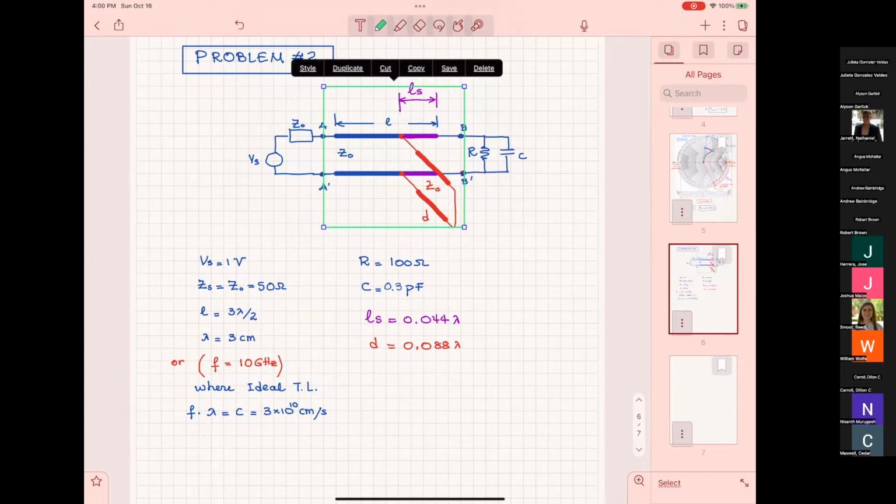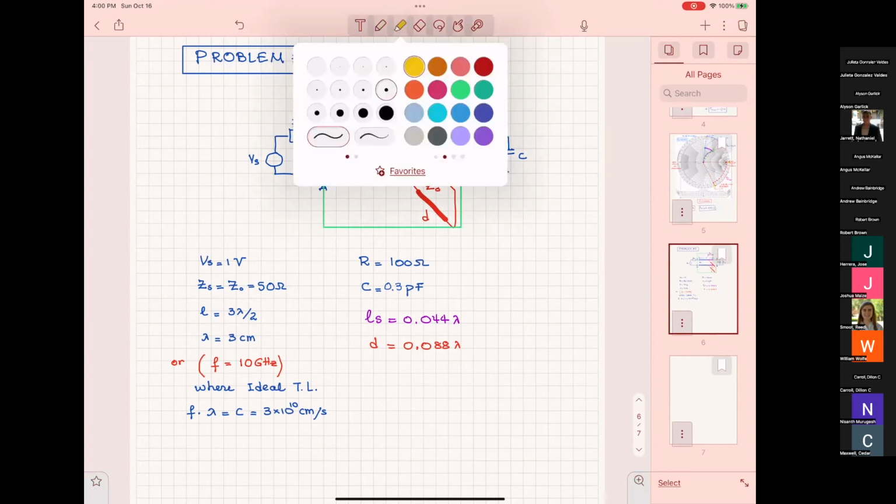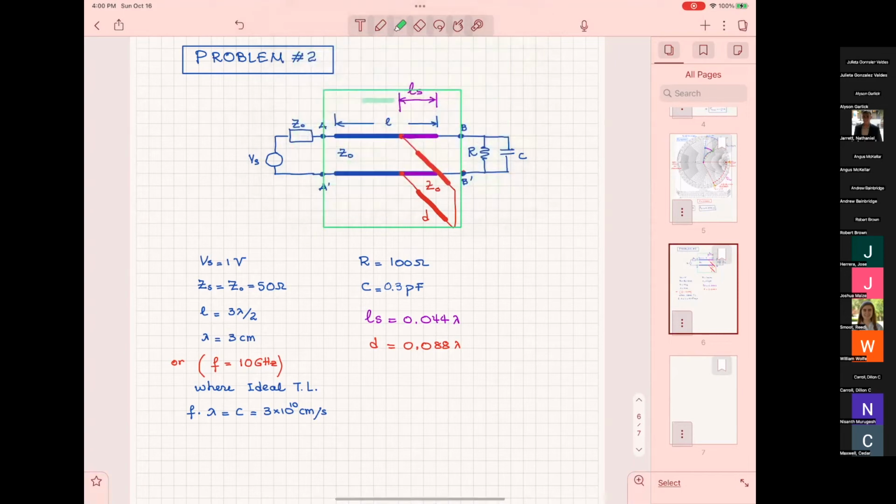Okay. And I call that a 2-port network. Okay, so practically I can go in there and I can call that a 2-port.